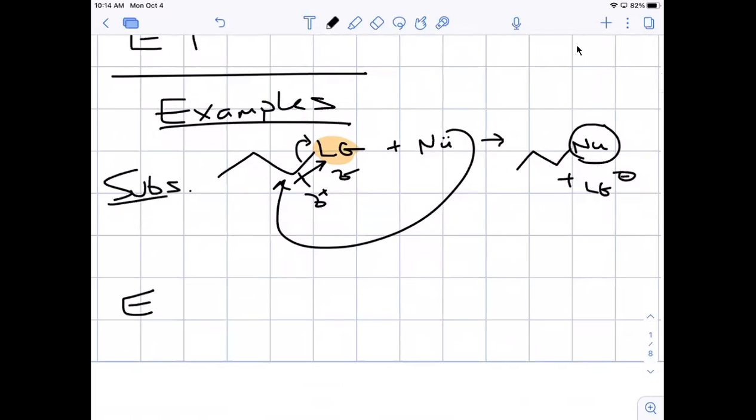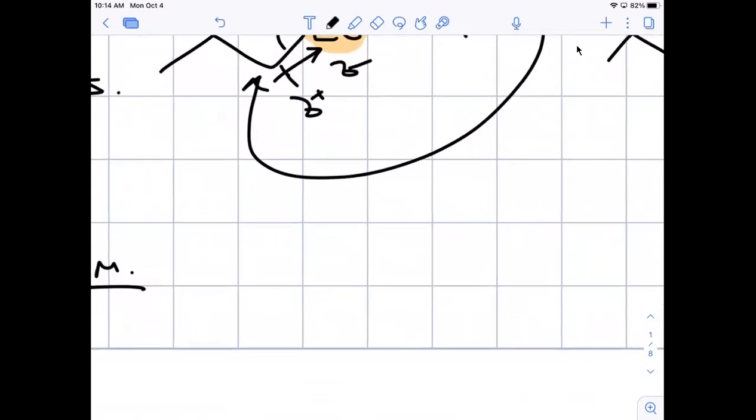And then we've also seen elimination, but not in the sense of losing a leaving group. We've seen other types of elimination where we form pi bonds. But here we're going to mostly be focused on something like this, where this is a leaving group, and then we treat it with a strong base.